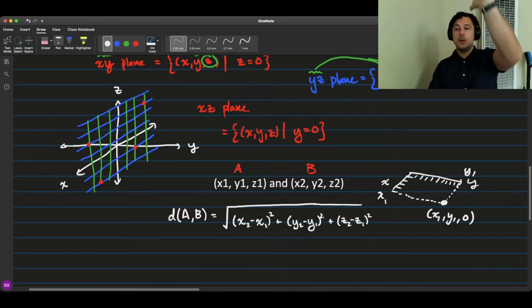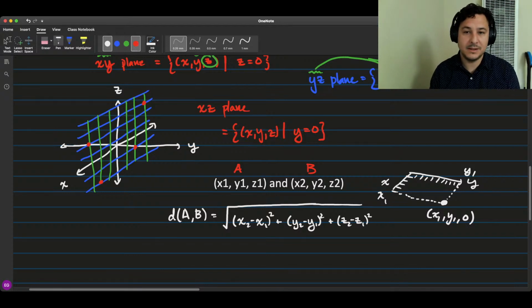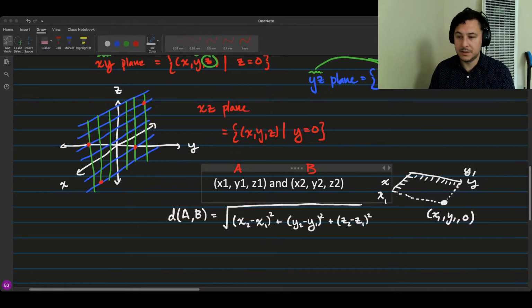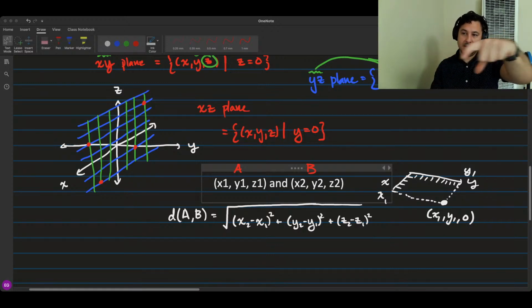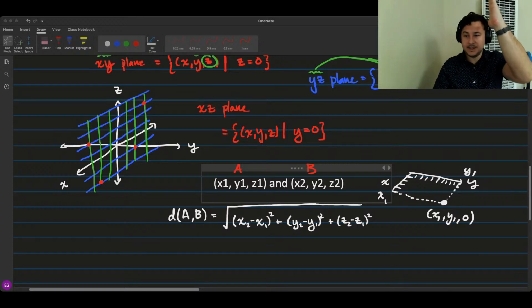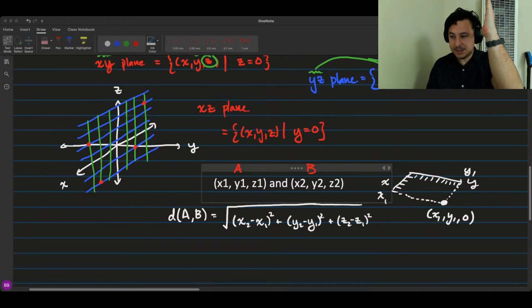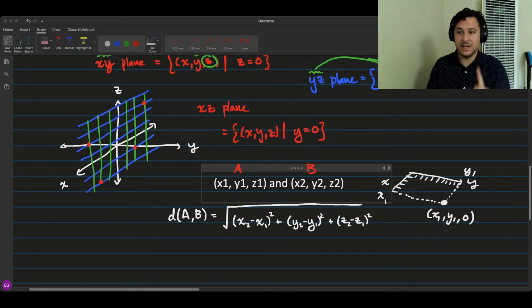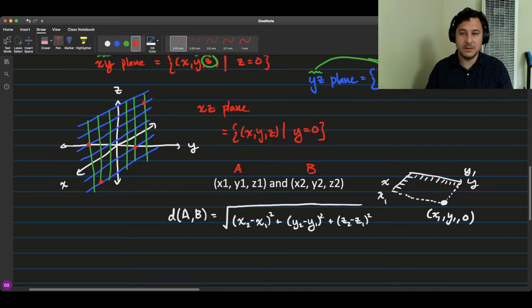And then how much would you go up from that point by? So like I have that, it's like a little rectangle on the xy plane. Now how much would I go up by? So I have to like go up. How much would I go up by from there? Let's just say z1. I'm not sure. Maybe people are thinking. So you would go up. And then you'd have the point x1, y1, z1.